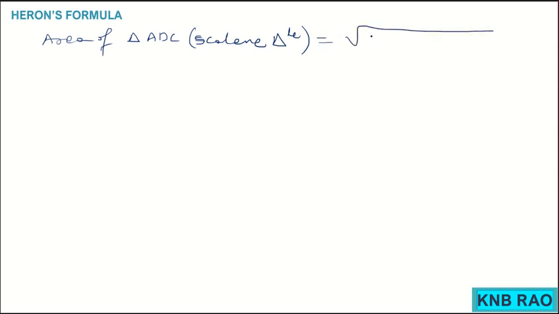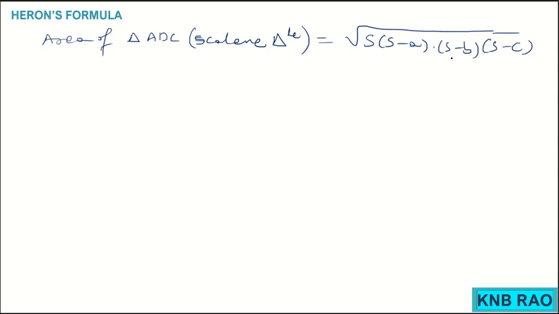So to find area of triangle ADC, which is a scalene triangle, we will use the square root of S into S minus A into S minus B into S minus C formula.